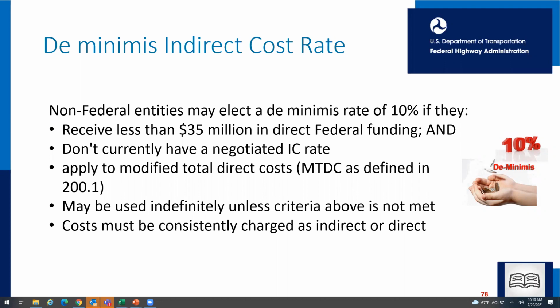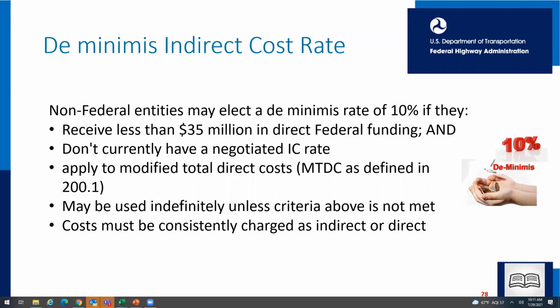So you cannot charge the 10% to contractor payments. You can charge them to consultant agreements, professional services, but you cannot charge any type of the de minimis to a contractor payment. Rental costs, tuition remission, scholarships and fellowships, participant support costs, and any portion of the subawards greater than $25,000, you cannot charge the 10% to.